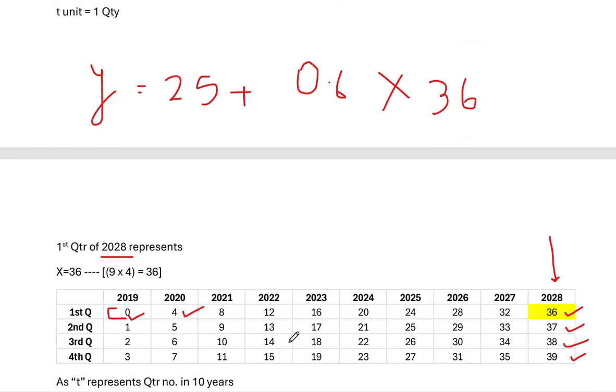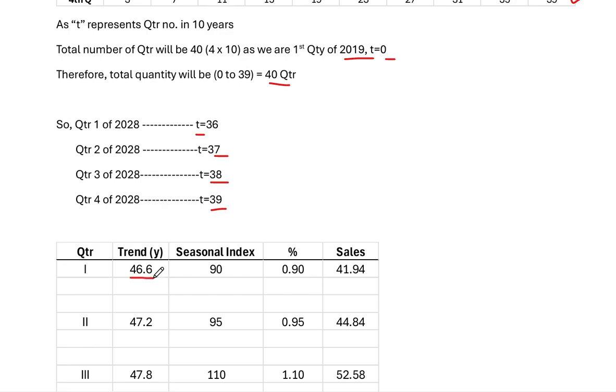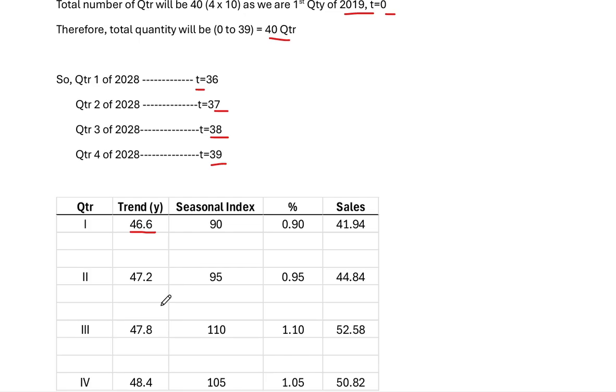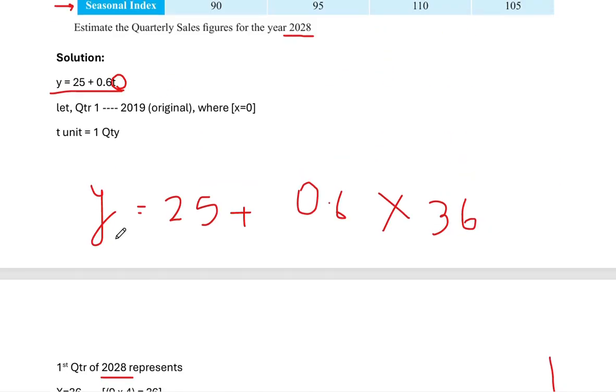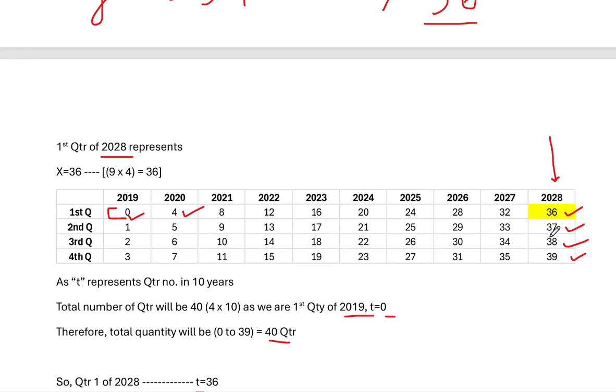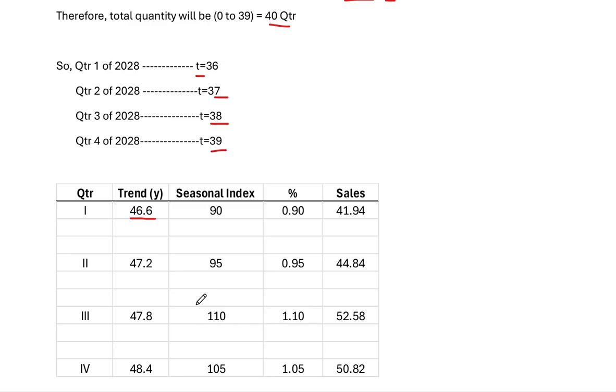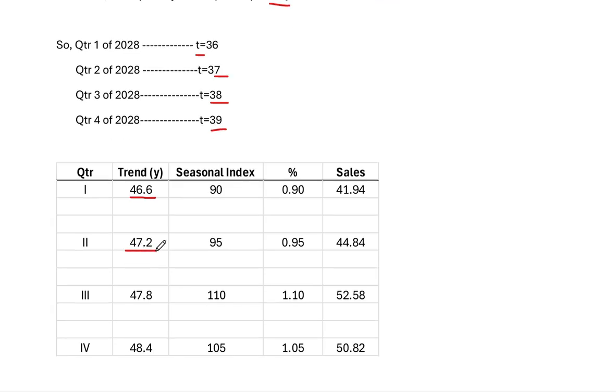If we solve this equation, we will get 46.6. In a similar manner, for the second quarter, we will calculate as Y is equal to 25 plus 0.6 into, this time we will put 37, because for the second quarter the value of x will be 37. So our trend will be 47.2. In the same manner, we will calculate the trend data for the rest of the quarters.